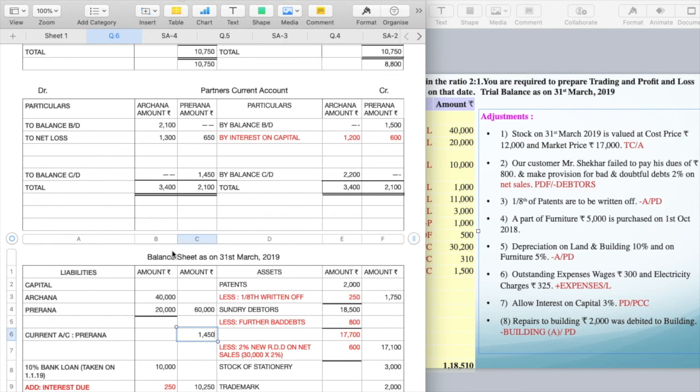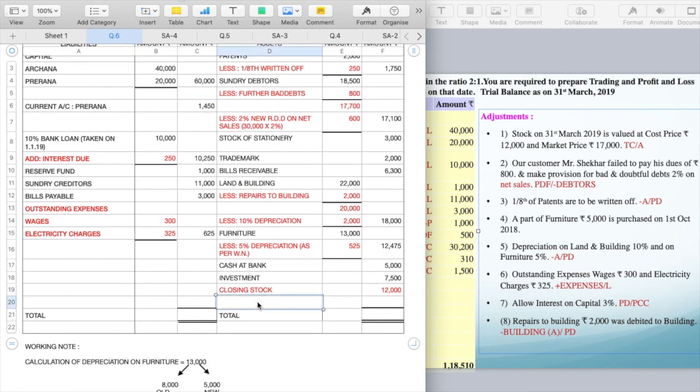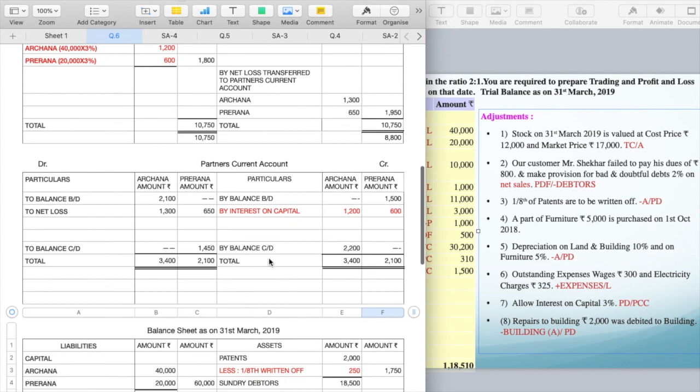And Archana's difference is on the credit side. If the difference is on the credit side, it will go to the debit side. Debit means assets. So at the end I will write current account of Archana. Amount is 2200. I hope this is clear.